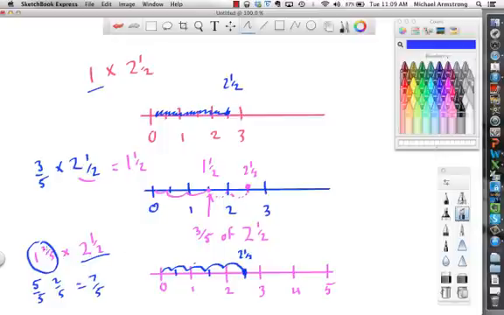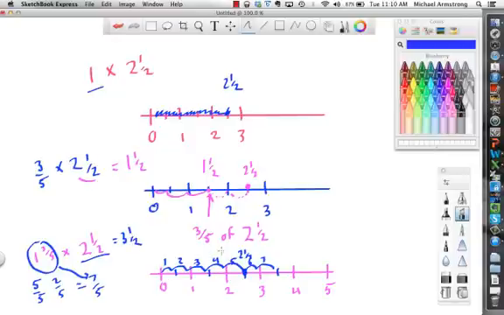But I'm multiplying it by more than 1. I'm multiplying it by 1 2/5, which happens to be the same as 7/5. So I'm going to go 2 more times. I got to make sure I put my half marks in, so I actually go halves. So that's 1, 2, 3, 4, 5, 6, 7 halves, which ends up being 3 1/2. So it equals 3 1/2.